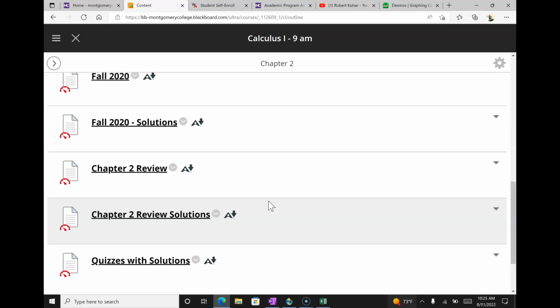Quizzes with solutions and chapter review with solutions. Do the algebraic limit. Start doing algebraic limit quizzes. Right, okay. You all try it.